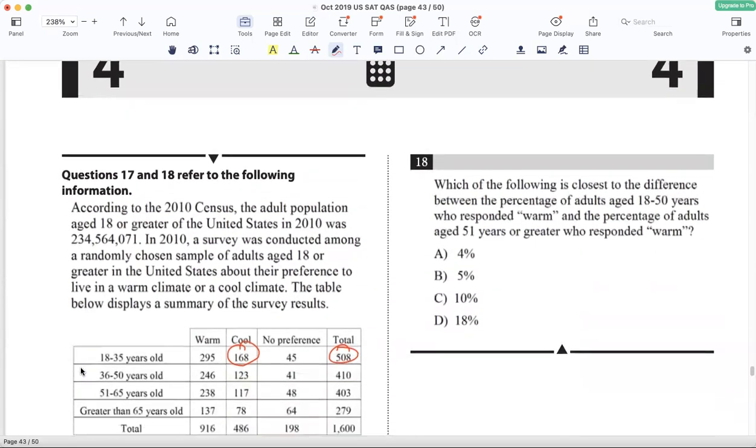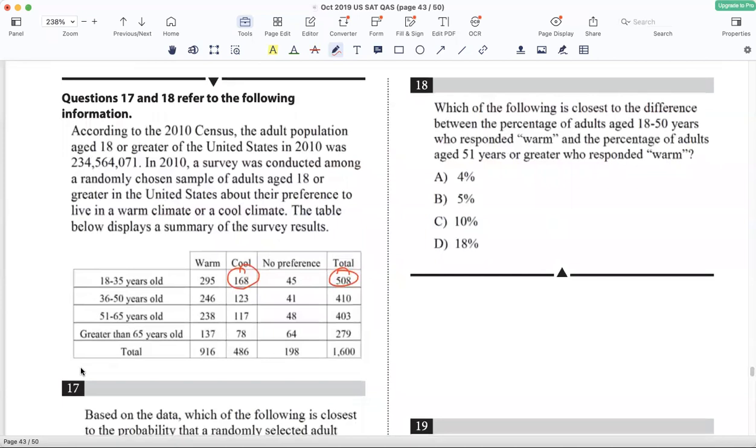Which of the following is closest to the difference between the percentage of adults aged 18 to 50 years who responded warm, percentage of adults 18 to 50. Okay, so this group, and the percentage of adults aged 51 or greater who responded warm. Okay, so how many responded warm in the 18 to 50?